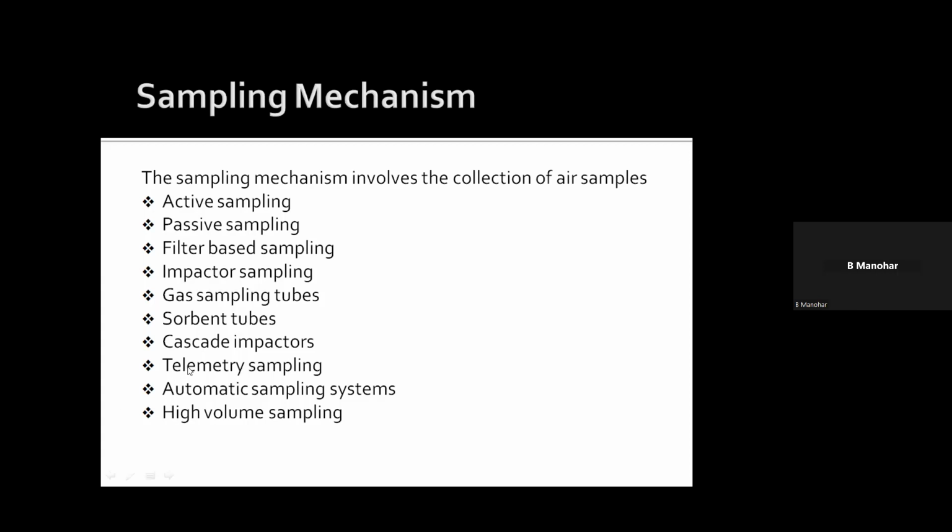Cascaded impactors are a mechanism which has a cascaded connection of the collided bodies. High volume sampling includes collection of a high volume of air samples, so that we can check the quality of the air at a very high rate.